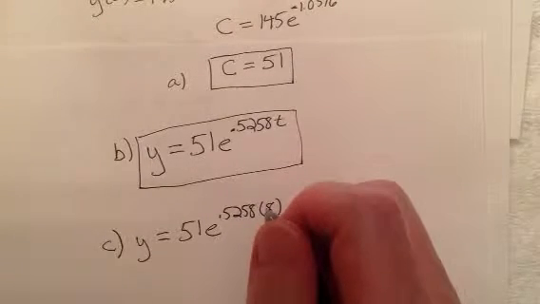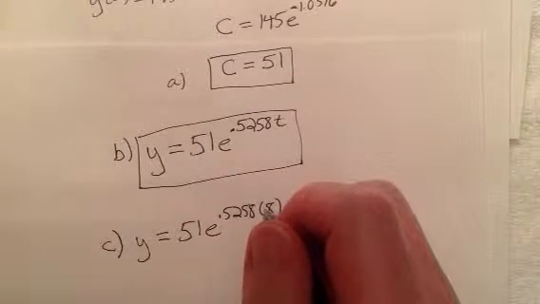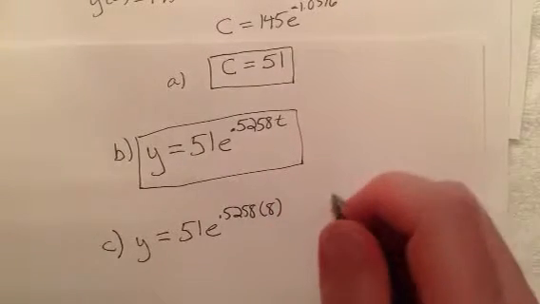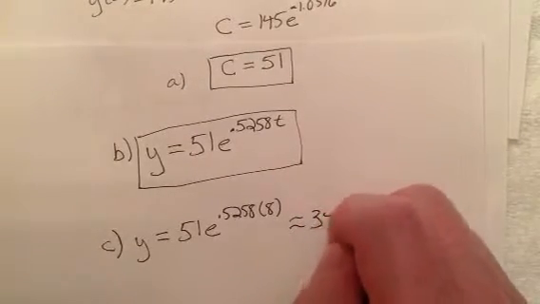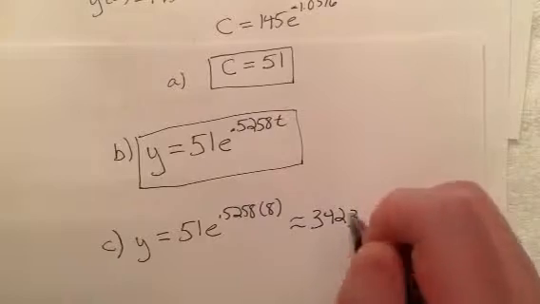After 8 hours, rounding to the nearest whole number, we'll say give or take about 3,423 bacteria.